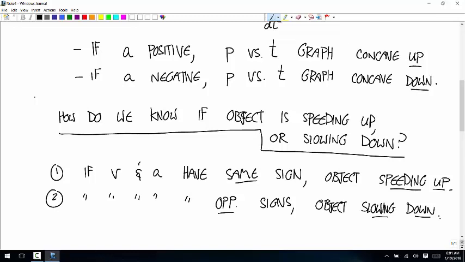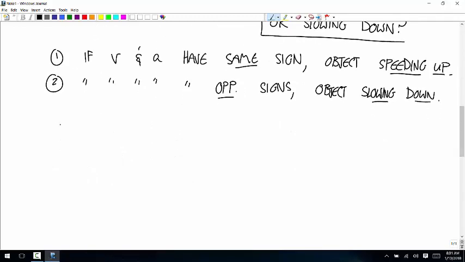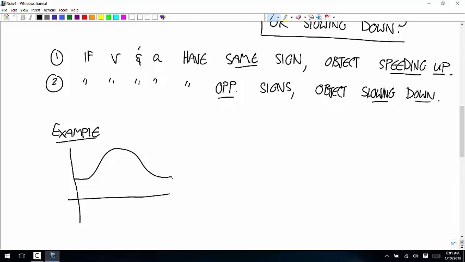Okay, so let's say we have a position versus time graph that looks like this.